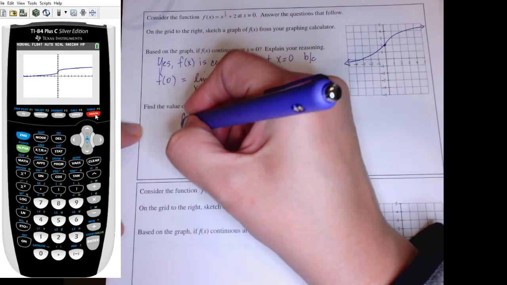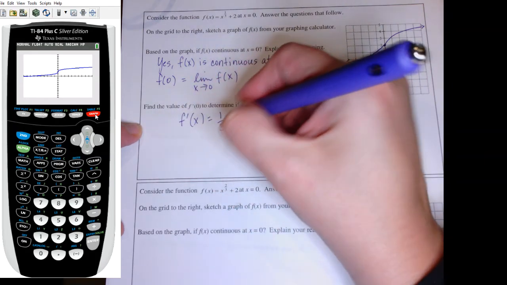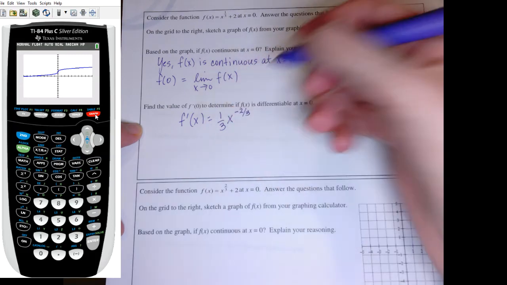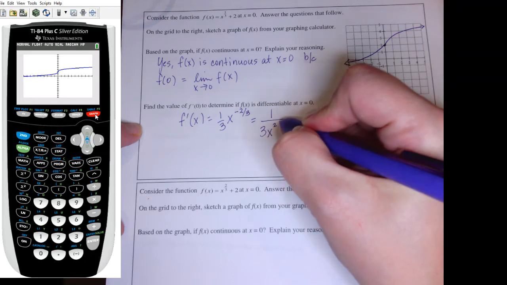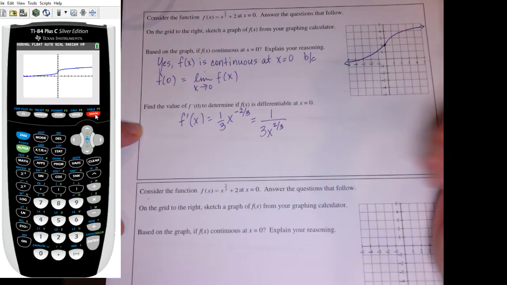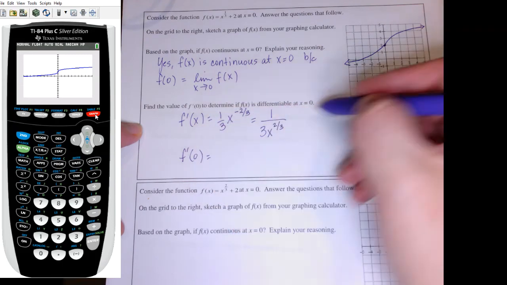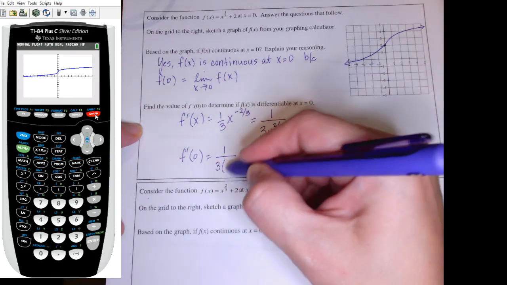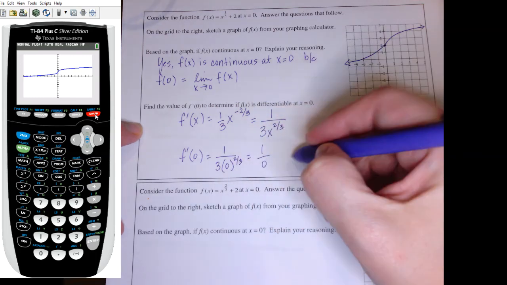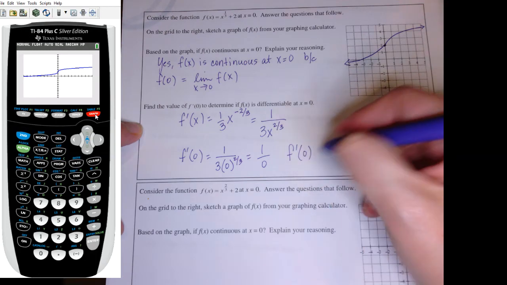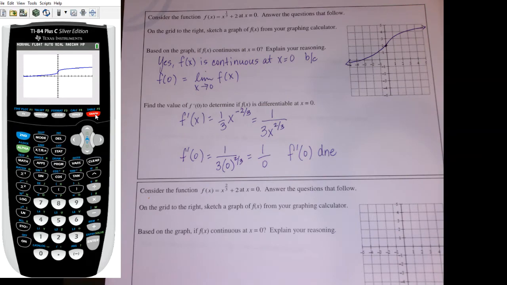So the derivative of x to the 1/3 would be 1/3 x to the negative 2/3, which we could make that a positive exponent by bringing it to the denominator. But watch what happens when we put in 0. We get 1/3 times 0 to the 2/3, which is 0, which tells us that the derivative at 0 does not exist.